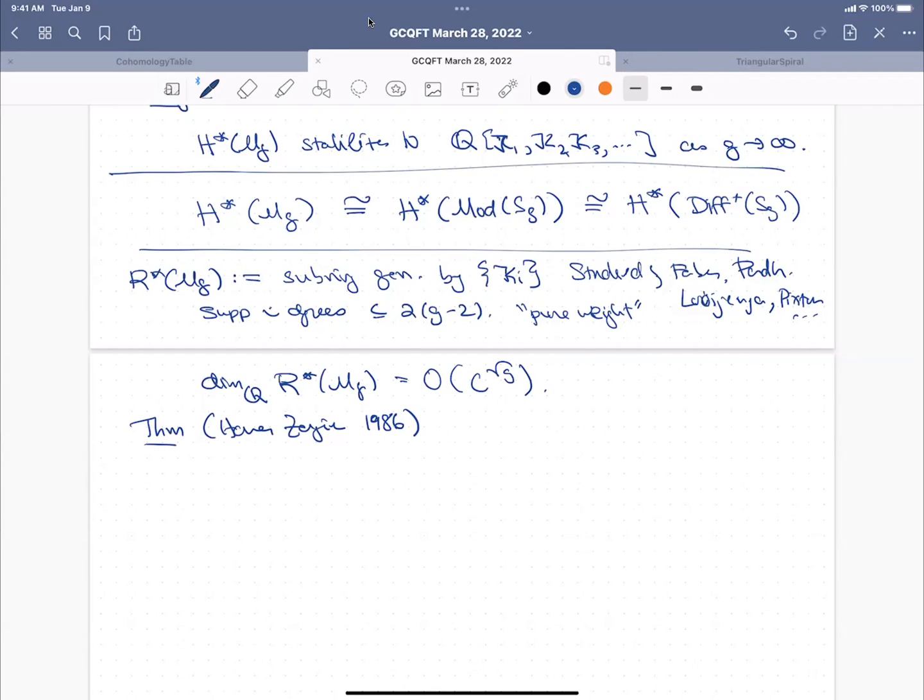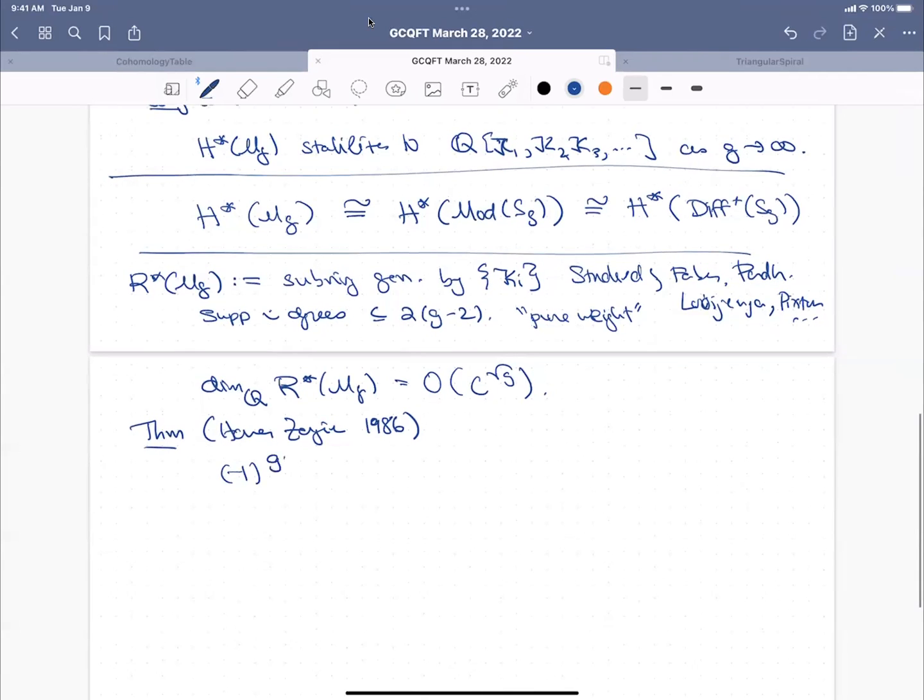If you know something about Euler characteristics on those smaller things, then you can bound the difference between the orbifold Euler characteristic and the topological Euler characteristic. In this case, they were able to show that there's no cancellation of leading terms, and so the two have the same growth rate.